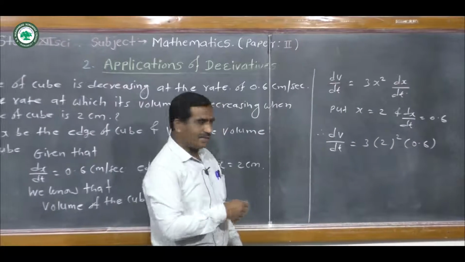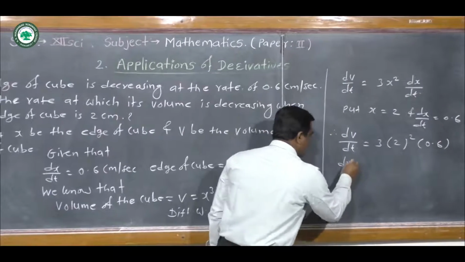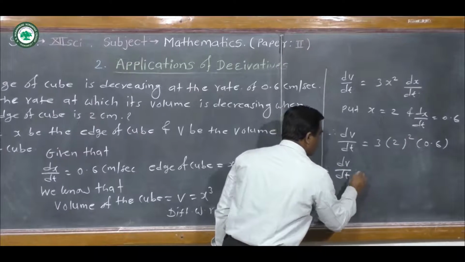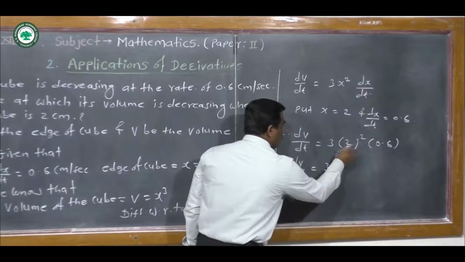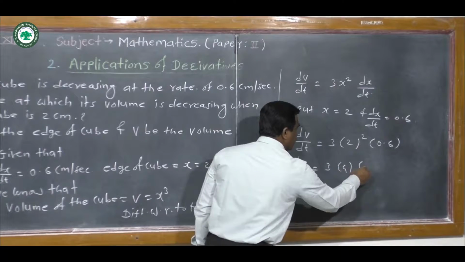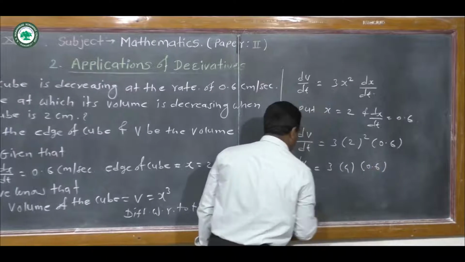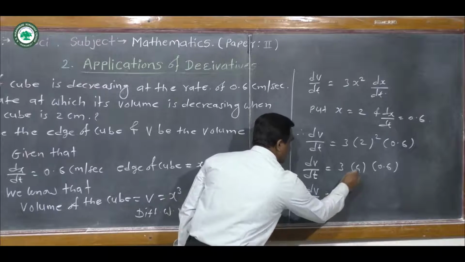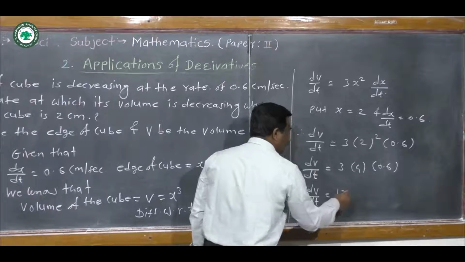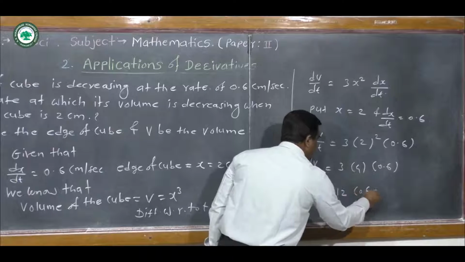That is, 3 into 2 squared, which is 4, into 0.6, so 3 into 4 is 12 into 0.6.